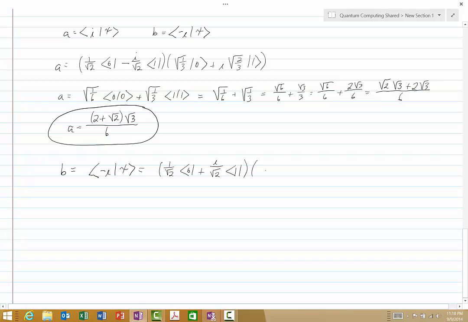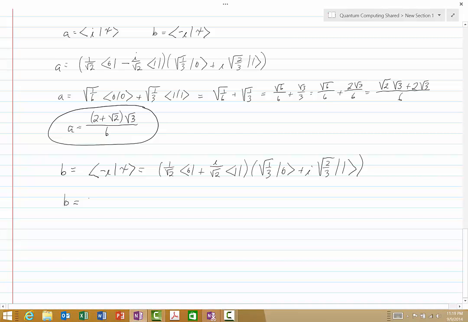And then C is square root of 1/3 0 ket, plus i times the square root of 2/3 times the 1 ket. And therefore B, again, I'll drop out the 0 1 and 1 0 terms because we know that goes away.